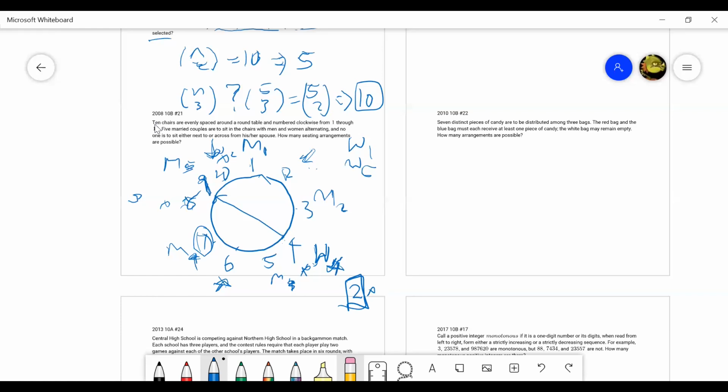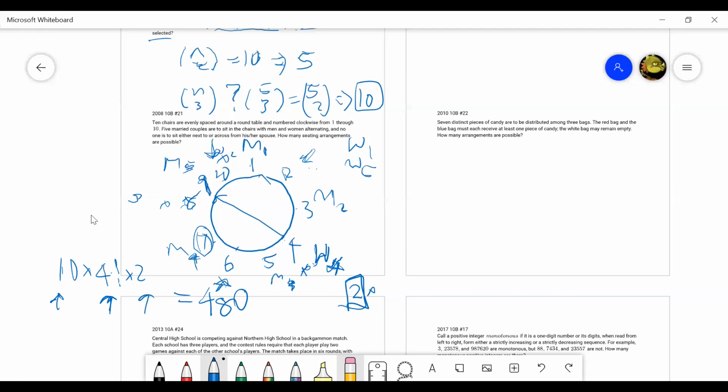So then all this becomes is just 10 times 4 factorial times 2, because there are 10 ways for the first guy to sit, 4 factorial for the rest of the men to sit, and then 2 ways for the rest of the women, and that's equal to 480, and that's it.